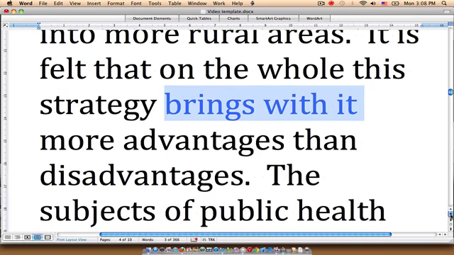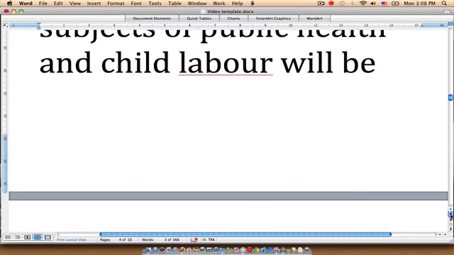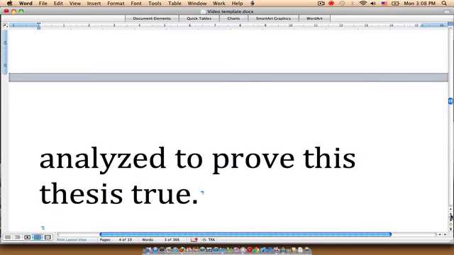Okay, let's continue. The subjects of public health and child labor will be analyzed to prove this thesis true. So we know our first supporting paragraph is going to talk about health hazards that come along with a factory being located in a residentially dense area.